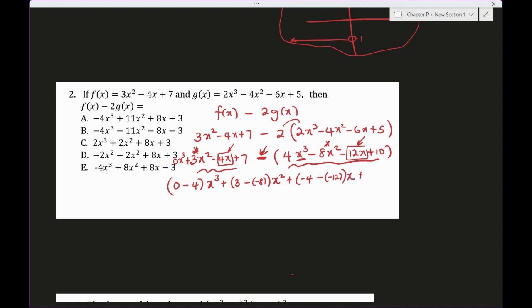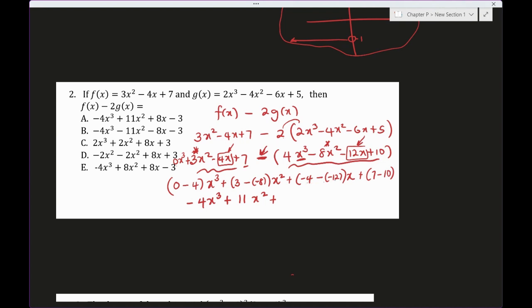Then finally we have the constant term. The constant term is going to be 7, then minus 10. So this will become minus 4x to the power 3 plus 11x squared, because minus minus becomes plus. And this will become plus as well.